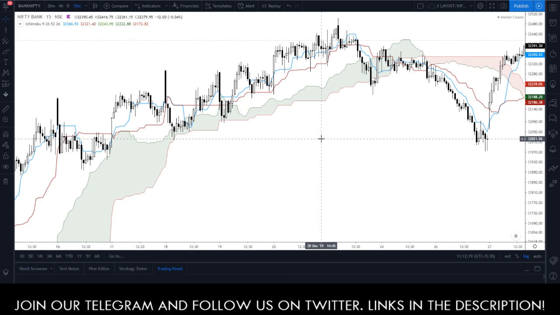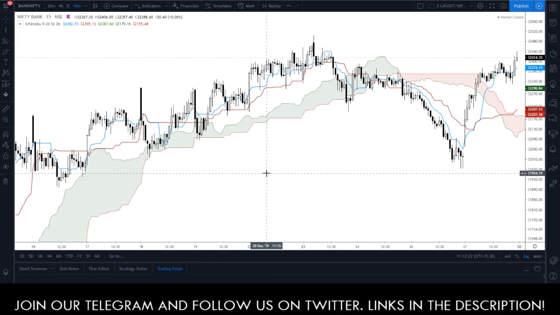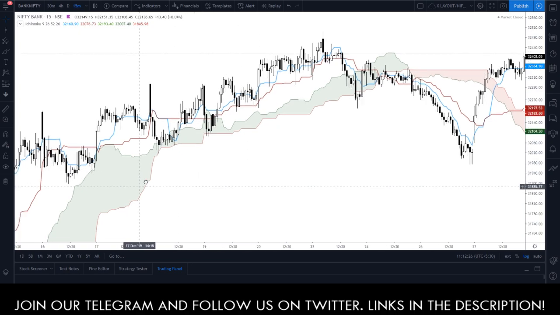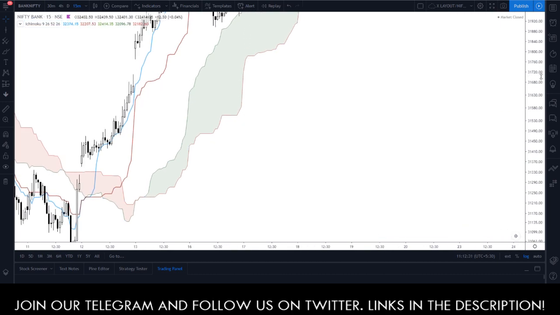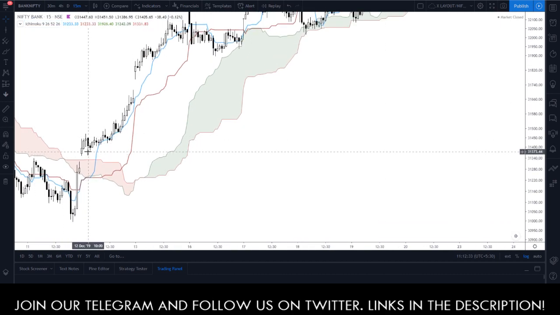According to the textbooks, you should have two conditions in order for a buy and a sell signal. First of all, your price action is above the cloud, and the blue line overtakes the red line, the conversion line overtakes the baseline, or the Tenkan-sen overtakes the Kijun-sen.